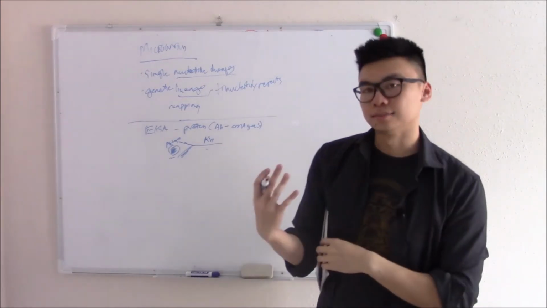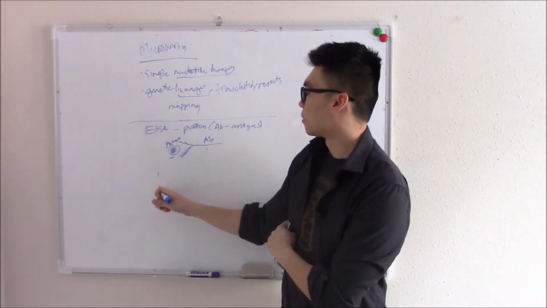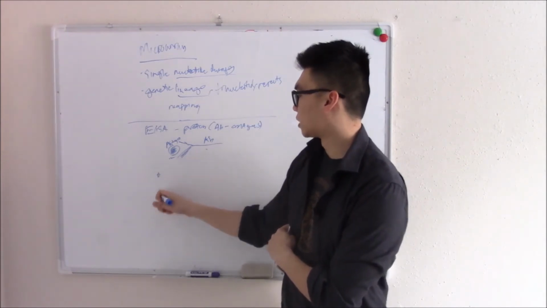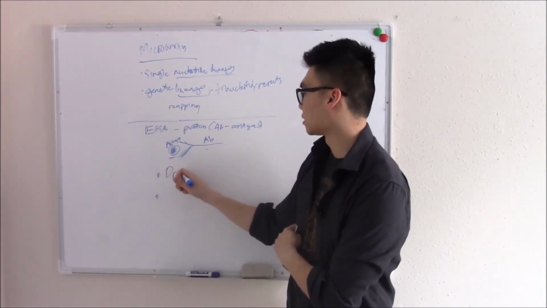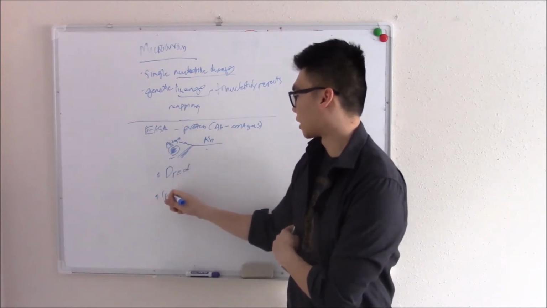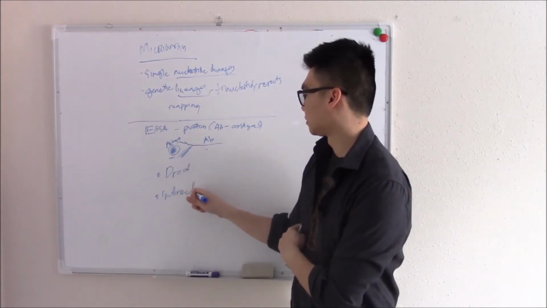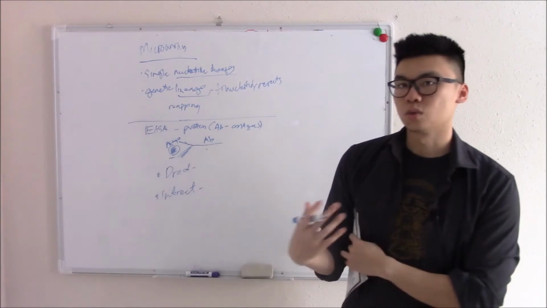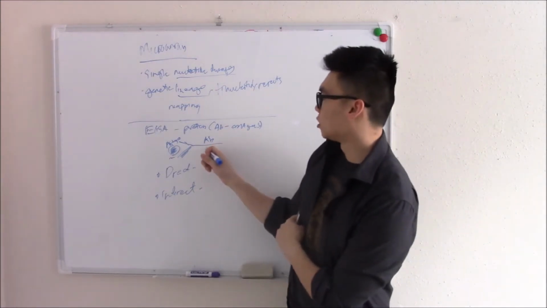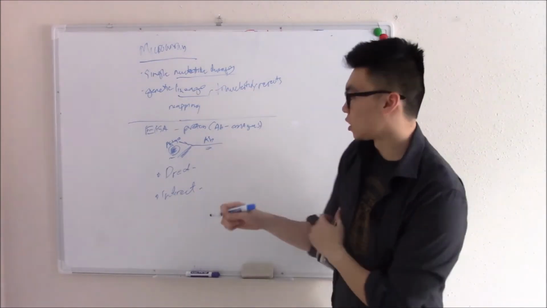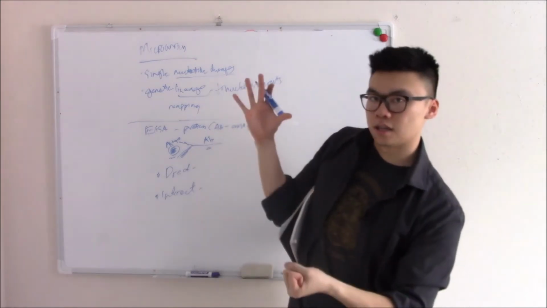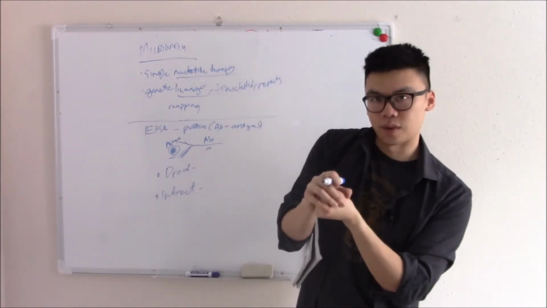That is ELISA. There are many different types of ELISA, but the two main ones you need to know are direct and indirect. And this depends on whether you start with using an antibody to look for the antigen, or you start by using the antigen and introducing an antibody to bind to it.